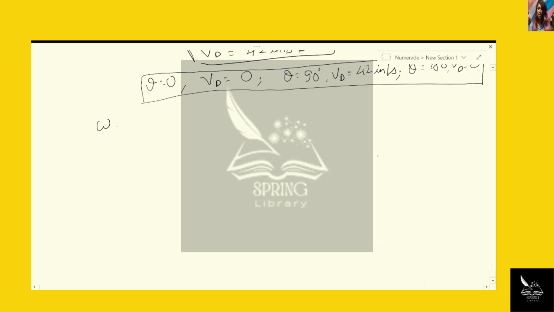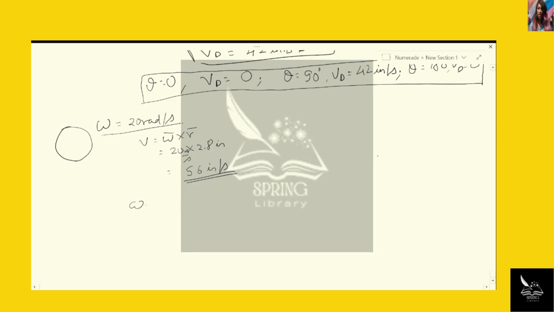So in this case, omega for the disk is 20 radians per second. And if omega is 20 radians per second, then the only thing which will change is basically V equals omega cross R. So this will now be 20 radians per second times 2.8 inches, which becomes 56 inches per second rather than 42 inches per second.